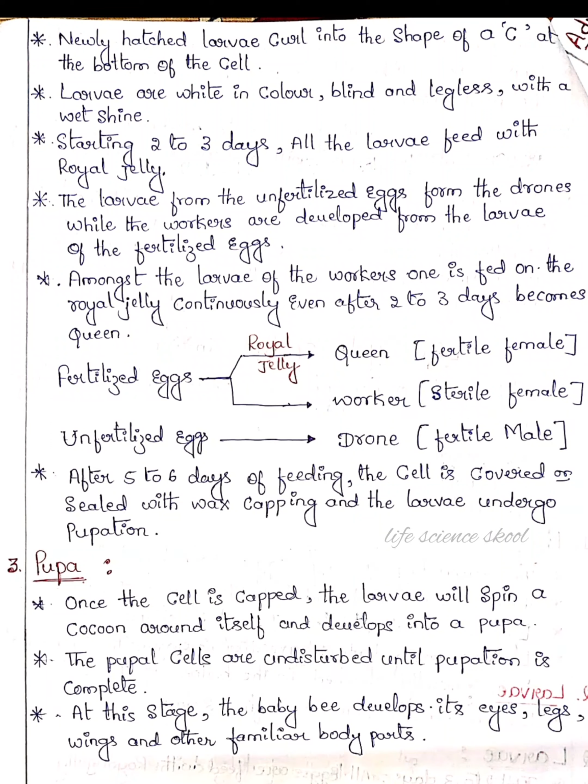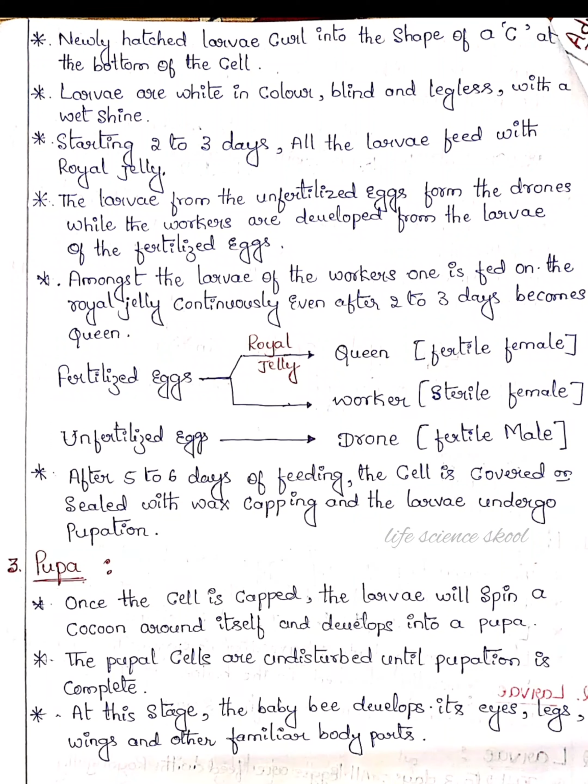That means that after 2 to 3 days, the other workers are not fed with the royal jelly. They will get the common nutritious food. As you see on the screen here, there are two types of eggs: fertilized eggs and unfertilized eggs. The fertilized egg that is fed with the royal jelly continuously will convert into a queen. That queen is actually a fertilized female.